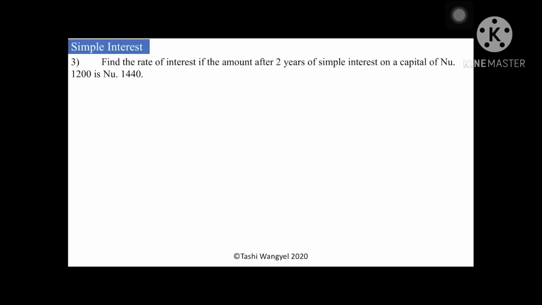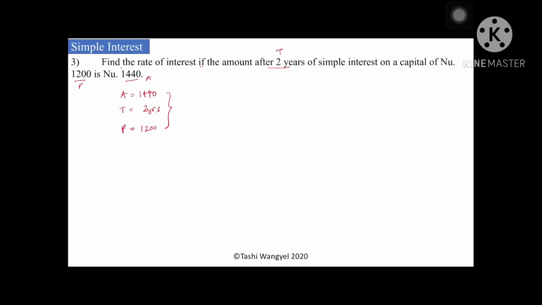The principal is 1200, and the amount after 2 years comes to 1440.